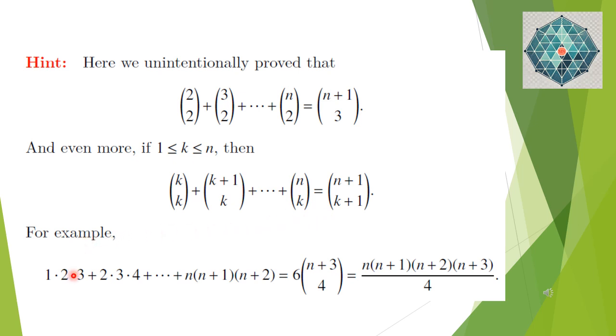For example, the sum of terms like 1 times 2 times 3 plus 2 times 3 times 4, and so on, up to n times n plus 1 times n plus 2 equals 6 times n plus 3 choose 4, which is n times n plus 1 times n plus 2 times n plus 3 divided by 4.